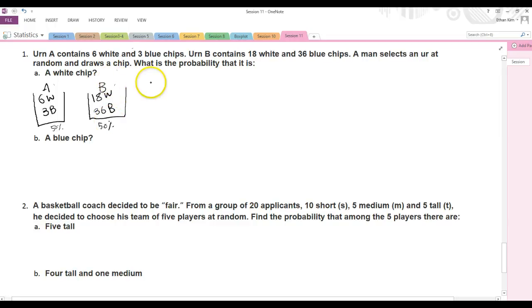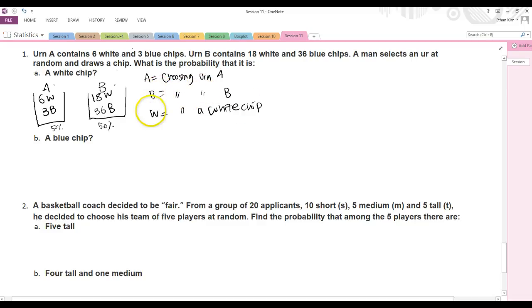So we can say that event A is choosing urn A, B is choosing urn B, and W will be choosing a white chip.